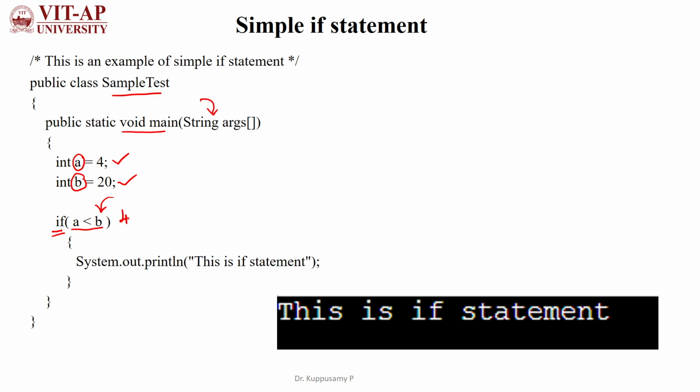Here a is 4, less than 20, so it is true. Since it is true, this block will execute. The block starts here, has only a single statement, and ends here. The single statement executes because the condition gives the value true, so the output will be this. This is the simple if statement, which can be used wherever required in Java programming.